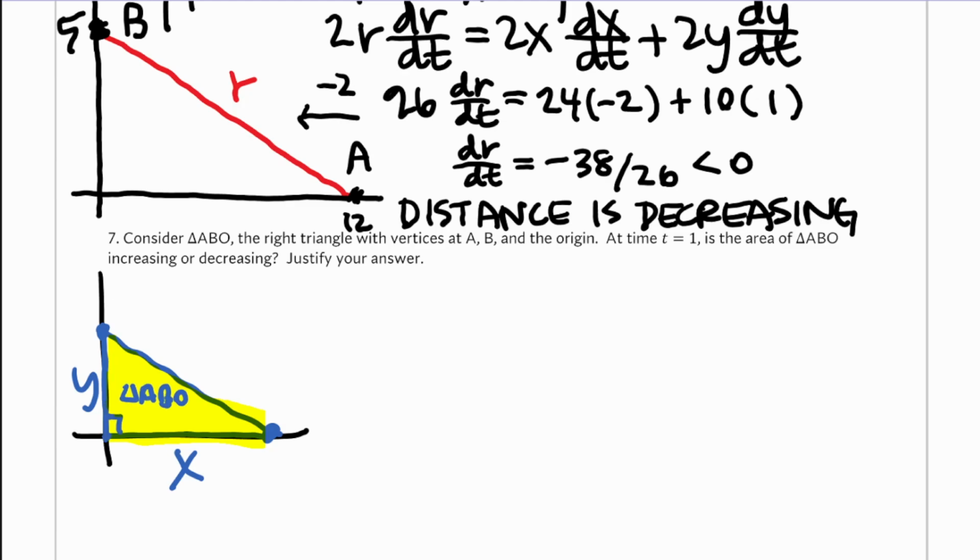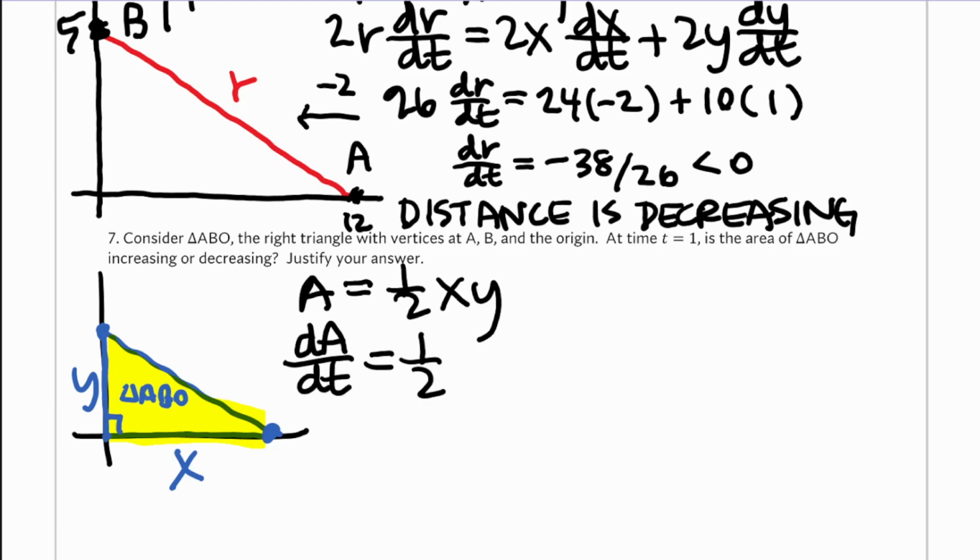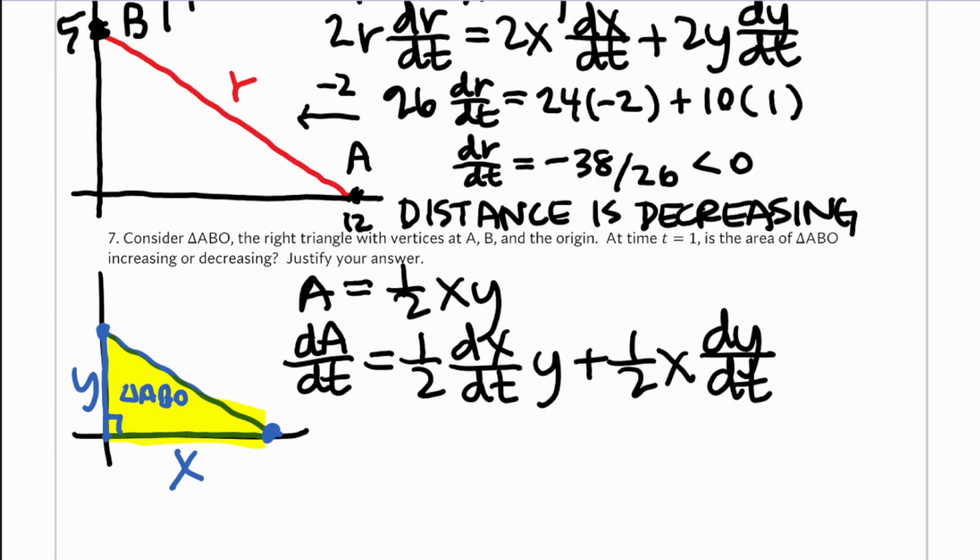Alright, so my area formula will be 1/2 times x times y. If I want to take the derivative of area to determine if that area is increasing or decreasing, I'm going to need to use the product rule. So I'll take the derivative of 1/2 x, it'll be 1/2 dx/dt, and leave y the same. Then I'll leave 1/2 x the same, and take the derivative of y with respect to t, and that's dy/dt.